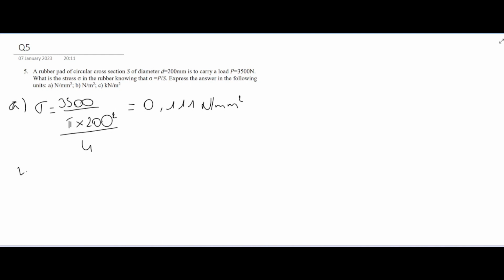Now for part B, this is where it becomes a bit tricky. So either you keep using the newtons in the numerator, but then you use your meters in the denominator, and it will give you newtons per meter squared, or you use the second technique. So let's try both techniques so you can learn.